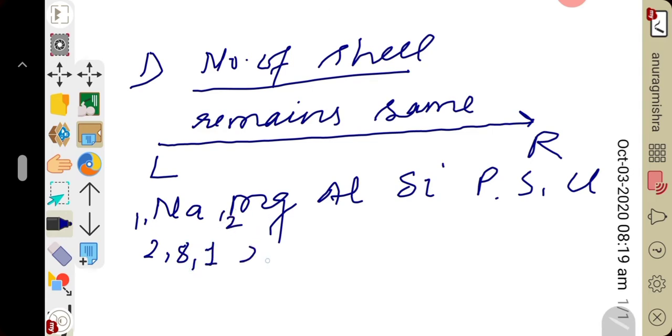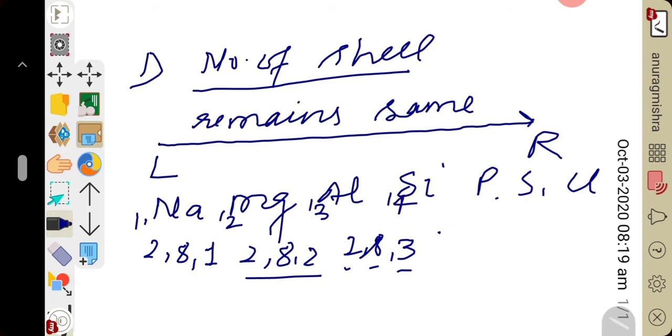Magnesium, 12, is 2, 8, 2, so the number of shells is 3, K, L, M. Aluminium, atomic number 13, is 2, 8, 3, again 3 shells. Silicon is 2, 8, 4, indicating the number of shells is 3 only. So when we move left to right in a period, the number of shells remains the same. I have given you the example of period number 3.